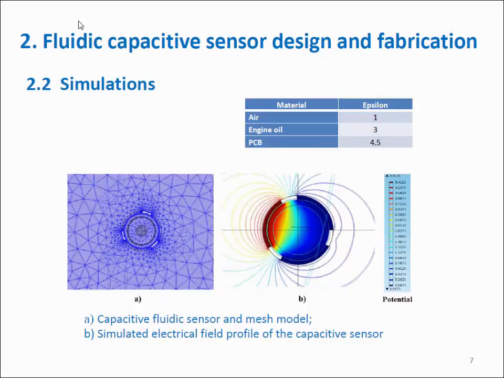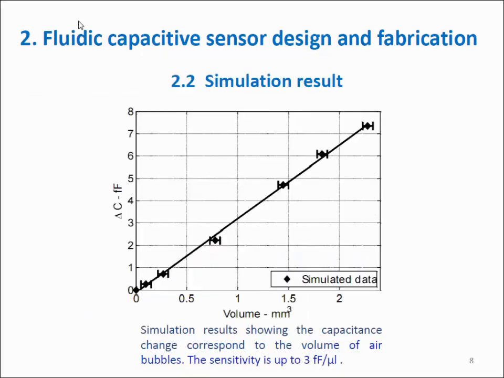And to understand how the structure works, we use the commercial COMSOL software to simulate. So this is the structure. We use three electrodes here and hold the pipe, and we have the mesh model, and then we have the electrical field profile here, and we put many sizes of air bubble inside the sensors, and we have the simulation results.